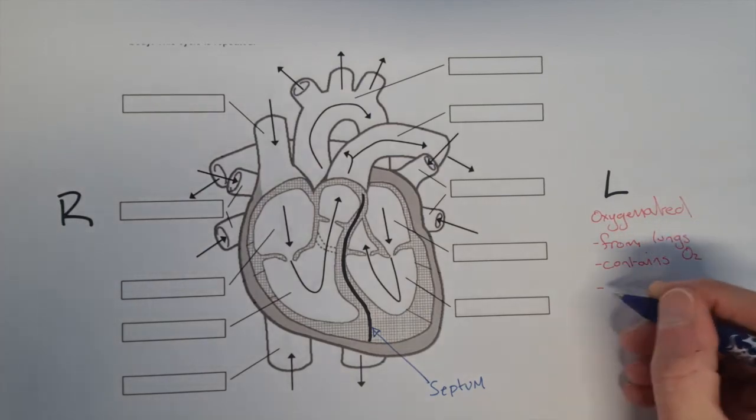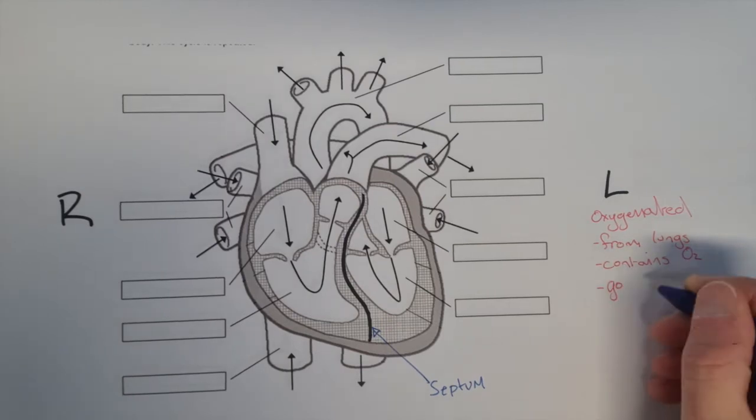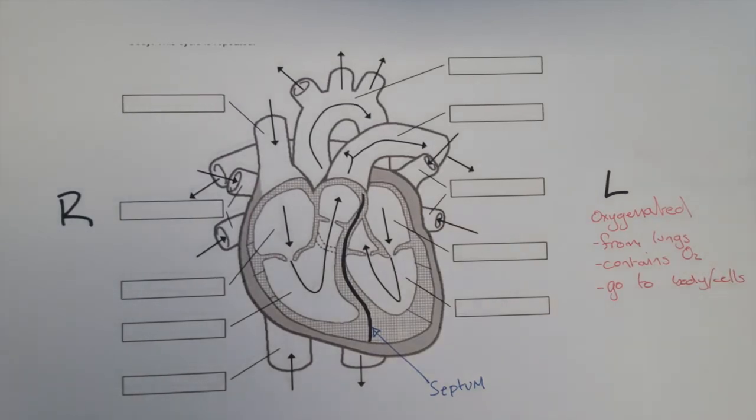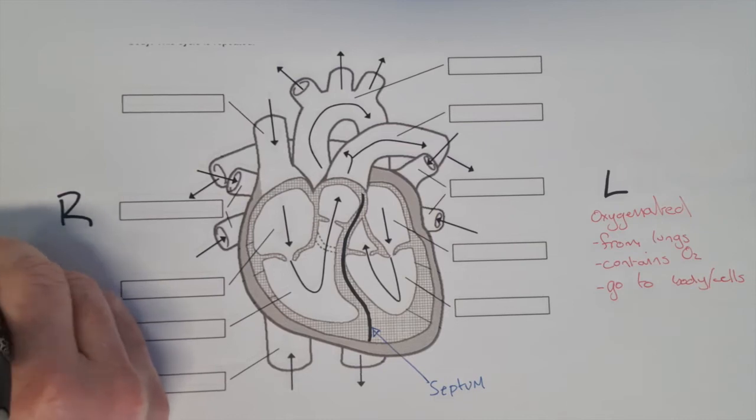Okay, and that's blood that's going to go to the body. It's going to go to the cells so that the cells can get oxygen to perform cellular respiration. The right-hand side contains what we call deoxygenated blood.